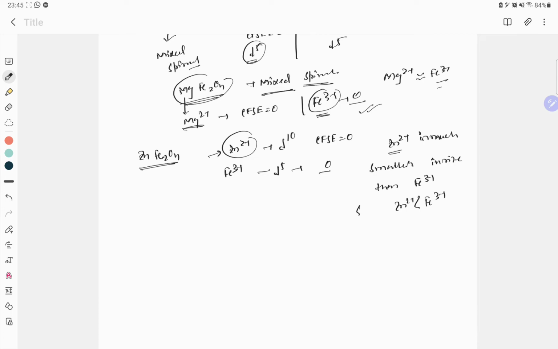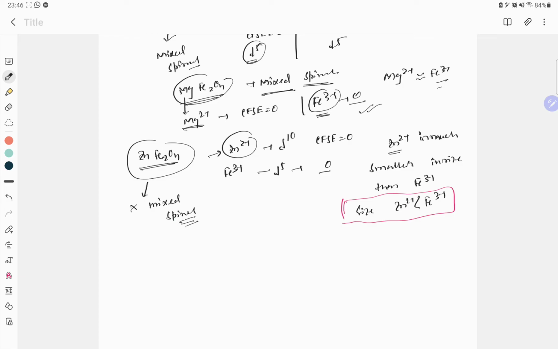So in this case this is not a mixed spinel.